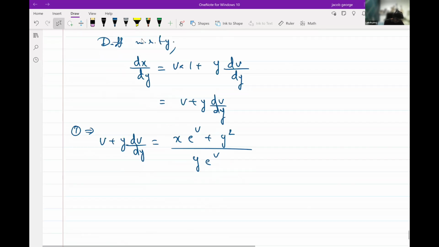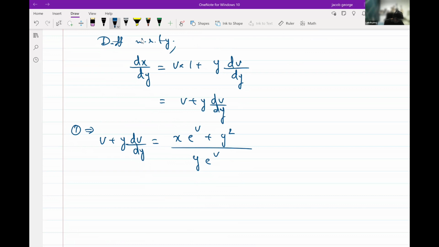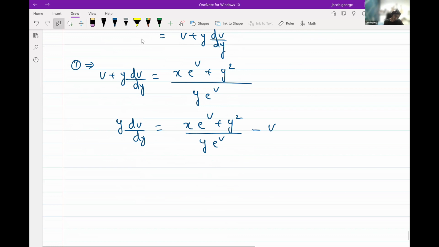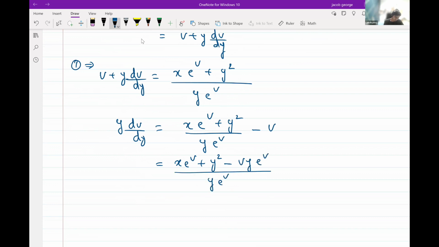So we get like this. y dv by dy is equal to x e raised to v plus y square by y e raised to v minus v. We have taken this v to the right side, minus v. Clear? So which means x e raised to v plus y square minus vy e raised to v upon y e raised to v.